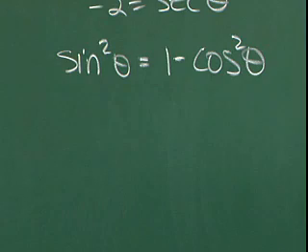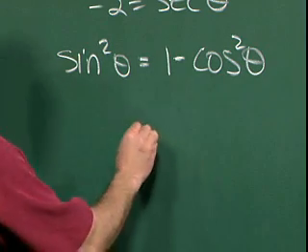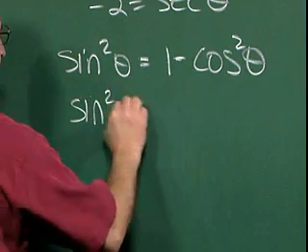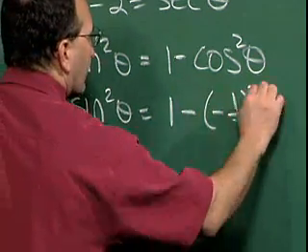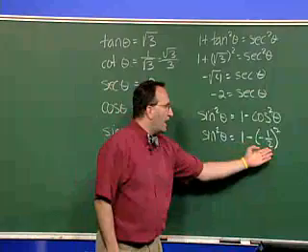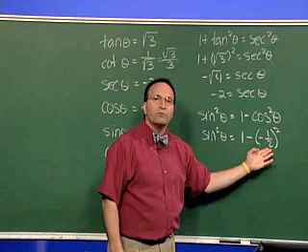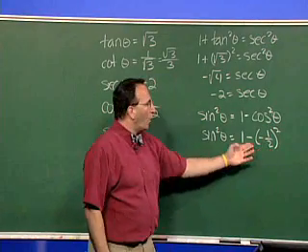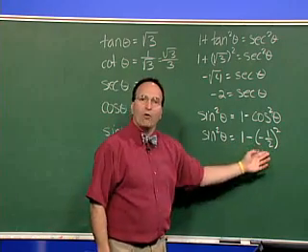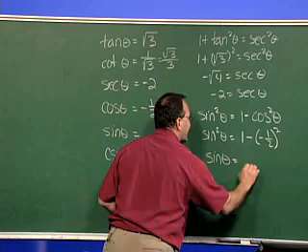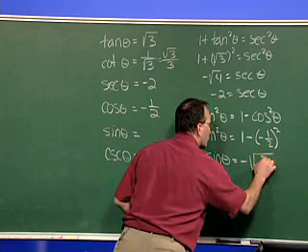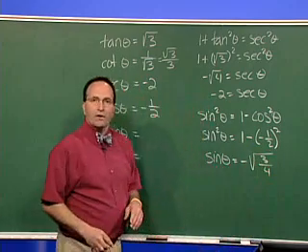And cosine theta is -1/2. So sine squared theta is 1 minus (-1/2) squared. (-1/2) squared is +1/4. 1 minus 1/4 is 3/4. So sine theta is negative the square root of 3/4.